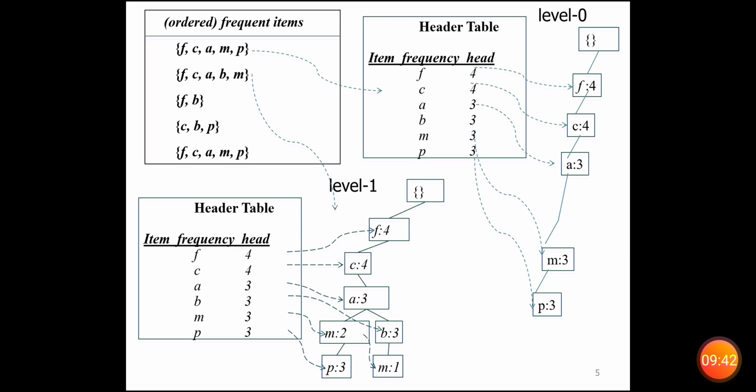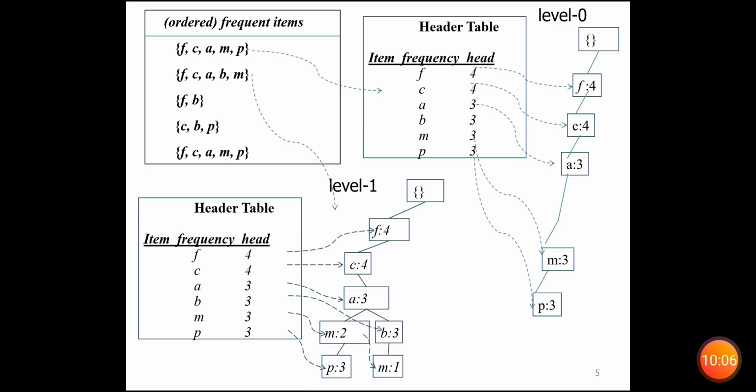So you put everything in order: F is available, C is available, A is available, B is available, M is available, and P is available. So here we put all; everything is available over here.